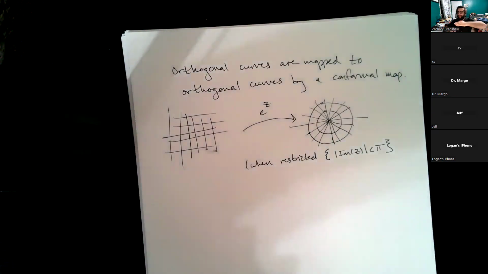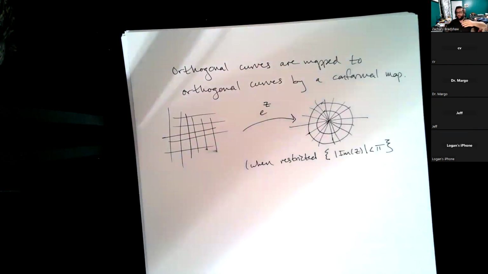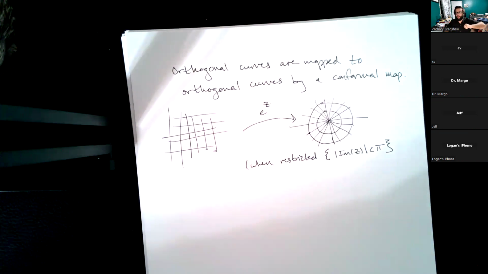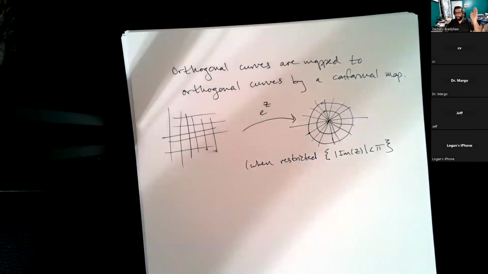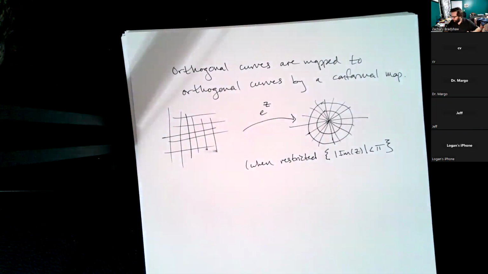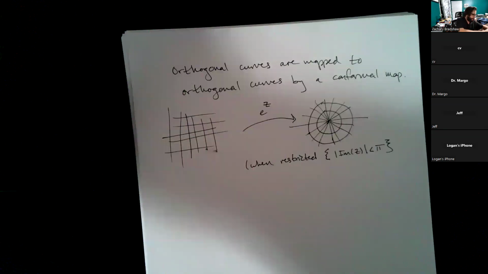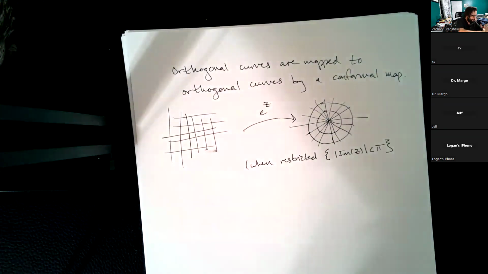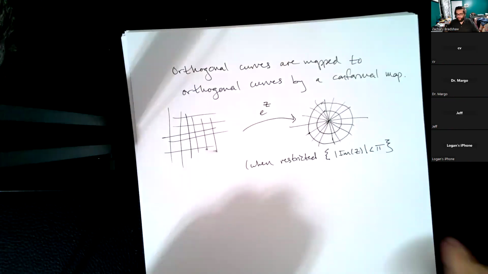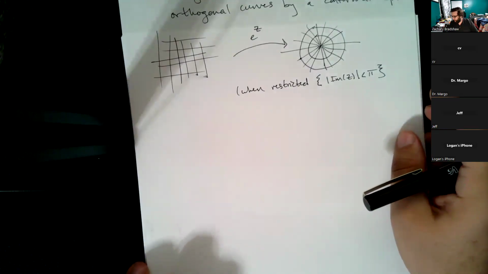So one of these things gets mapped to circles. I think it's the horizontal, and then vertical gets mapped to radial lines. I might have that backwards. Do I have time to figure it out? Not really. Okay. So we can maybe figure that one out later after we're done here.